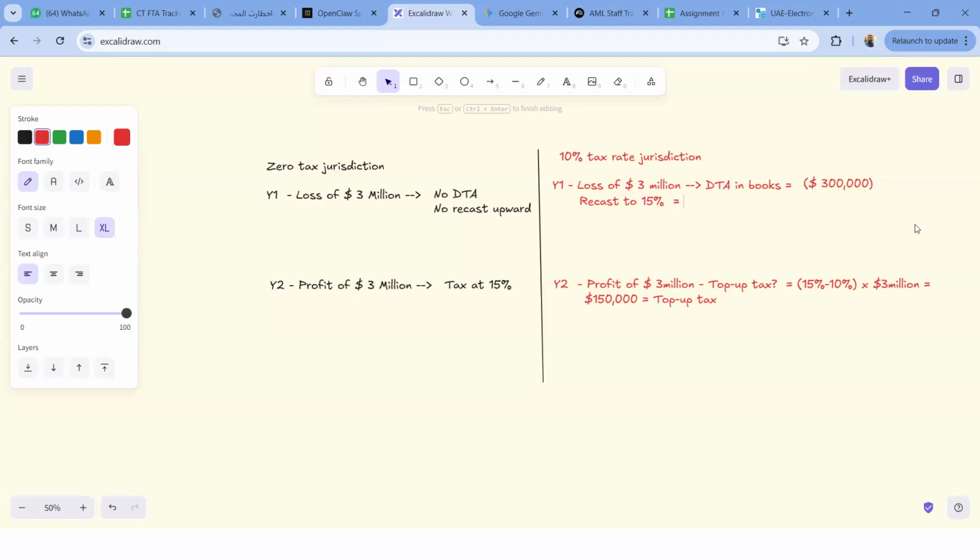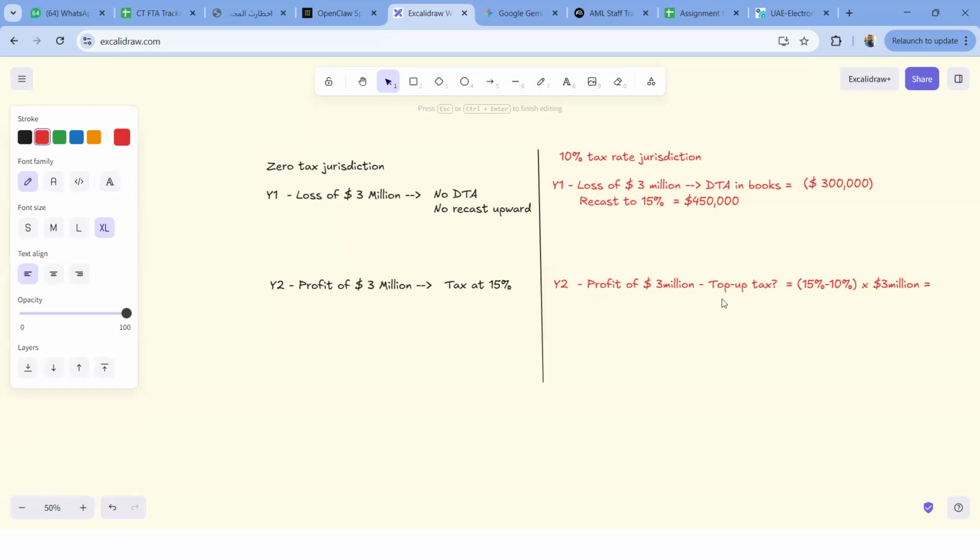So I would have 450,000 as my opening DTA, correct? Now this year I have to pay 150,000 top up tax. How did I get 150? 15 minus 10.